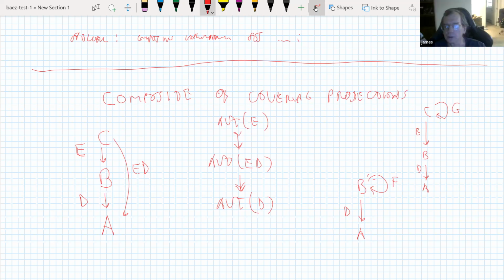So that's part of what's going on here. With these covering projections, you're sort of forgetting these distinctions. The fiber is a fiber of stuff or something like that. But down at the quotient level, you've sort of forgotten something.